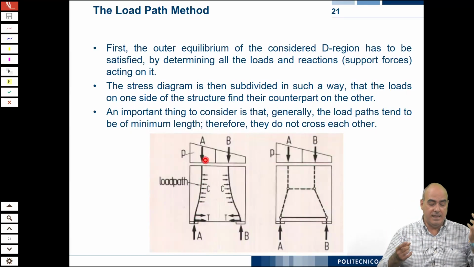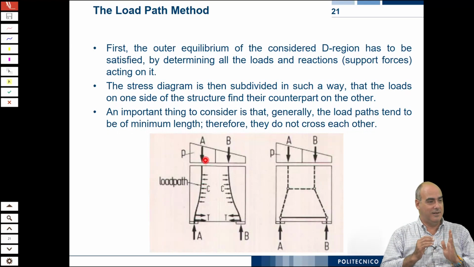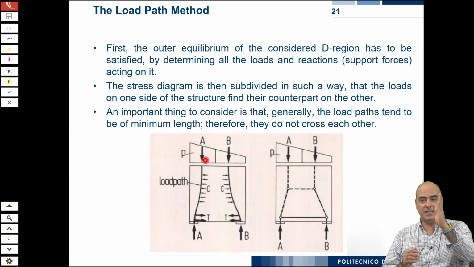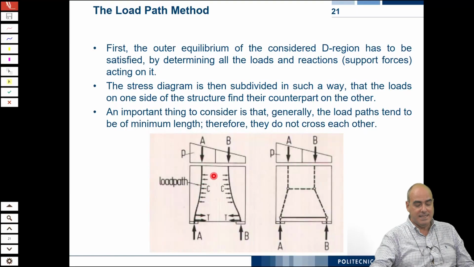And then how can you have your vertical stress field bend to follow that curved path? You need some transverse stresses which comply with this shape. So this is the field that you can expect.